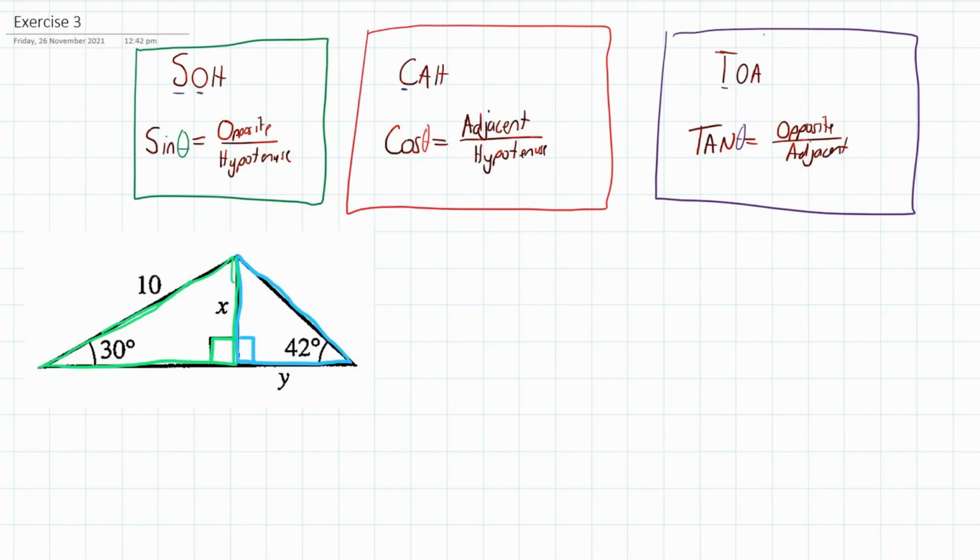And the reason for that is we don't have enough information in the right hand triangle. You see, we've got one piece of information that we know, but we have two pieces of information that we don't know. So we can't do trigonometry with only one piece of information here.